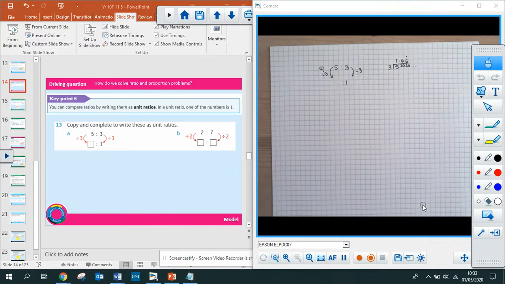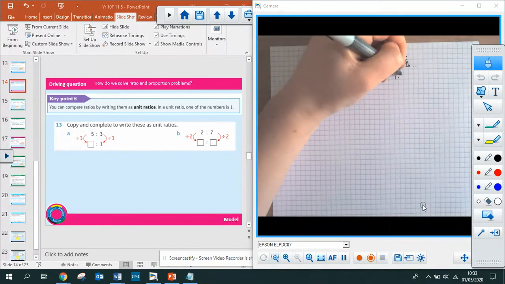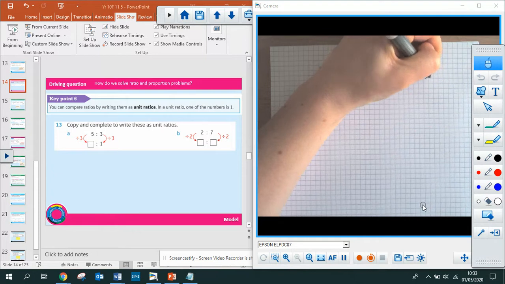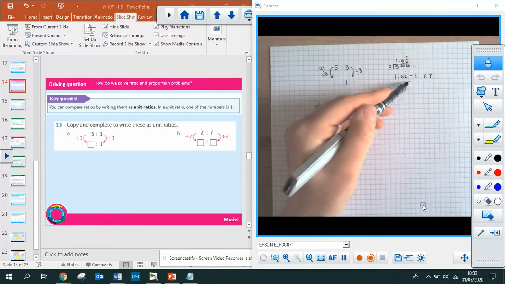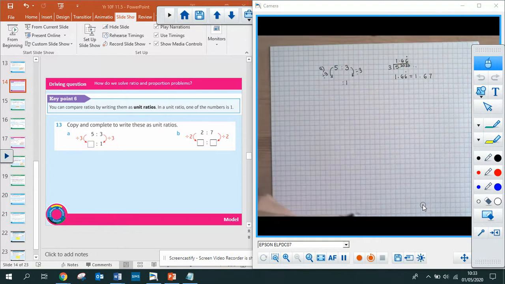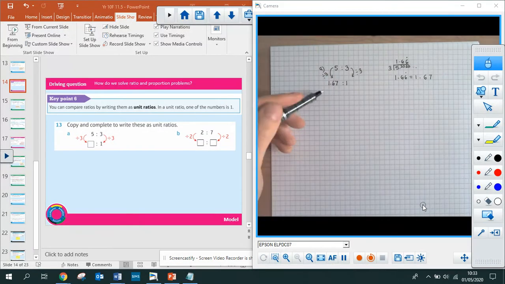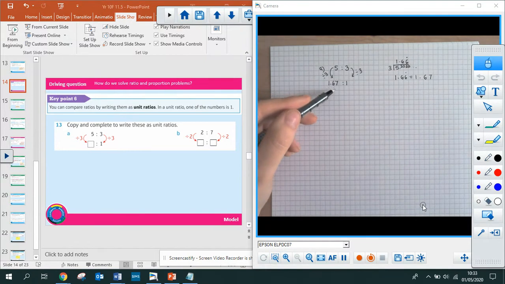So I'm going to round my number to 2 decimal places. 1.66 recurring to 2 decimal places is 1.67, because we'd had a 6 next, and that 6 would round this 6 up to 7. So I'm going to call that 1.67, and that's my final answer. I have now written 5 to 3 as a unit ratio, and as a unit ratio it's 1.67 to 1.